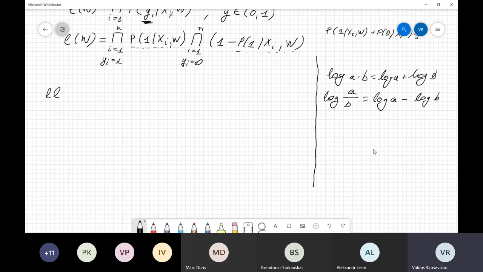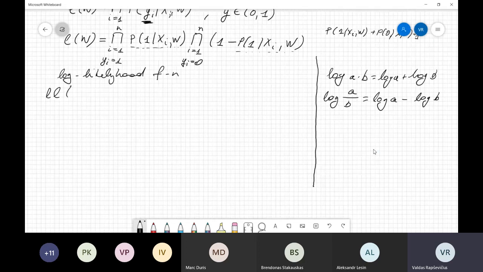This is the log likelihood function, and it has exactly the same properties as before. The log likelihood function of w is just the natural logarithm of the likelihood function. I will write it as log, not ln.